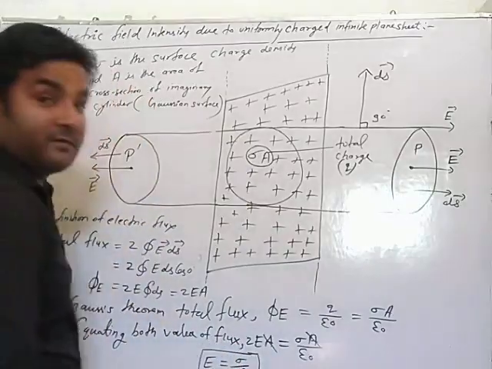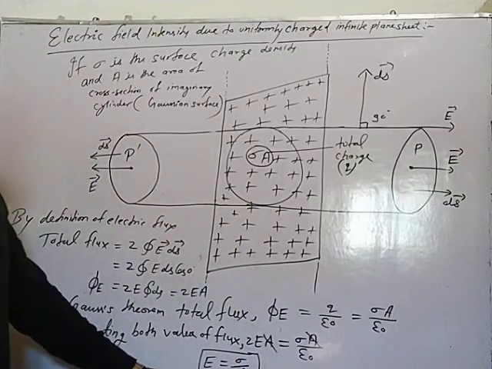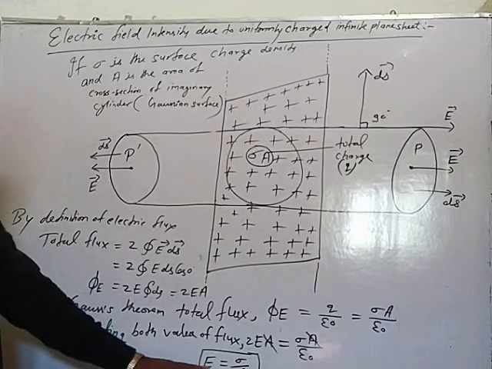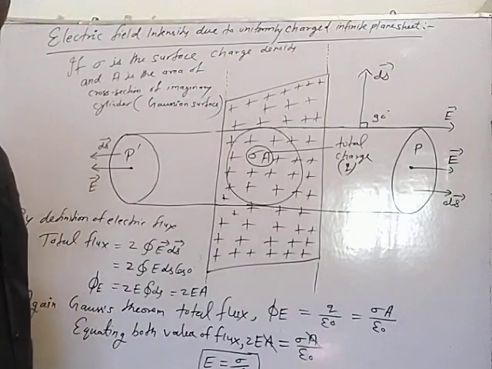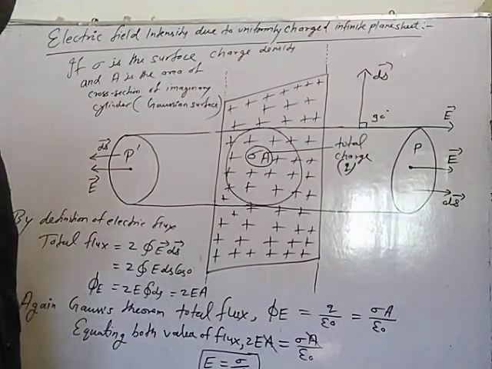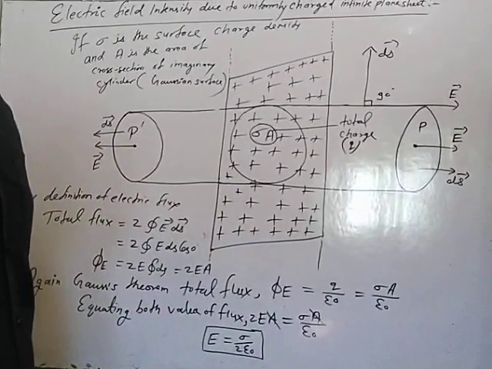This is the value of the electric field, a very easy concept: E is equal to sigma upon 2 epsilon naught. With the help of this value you can easily calculate. If any confusion, you can ask.